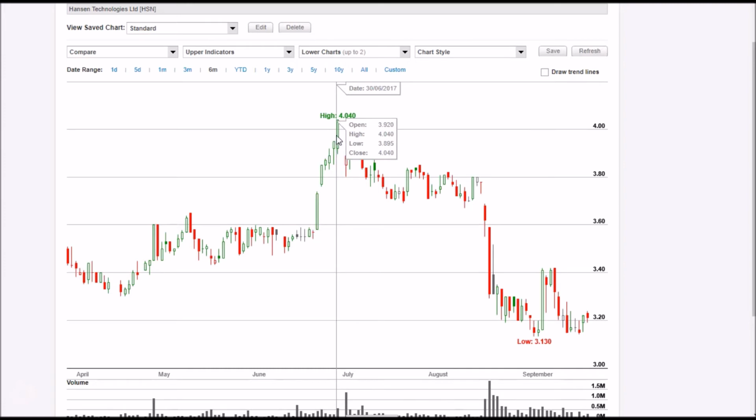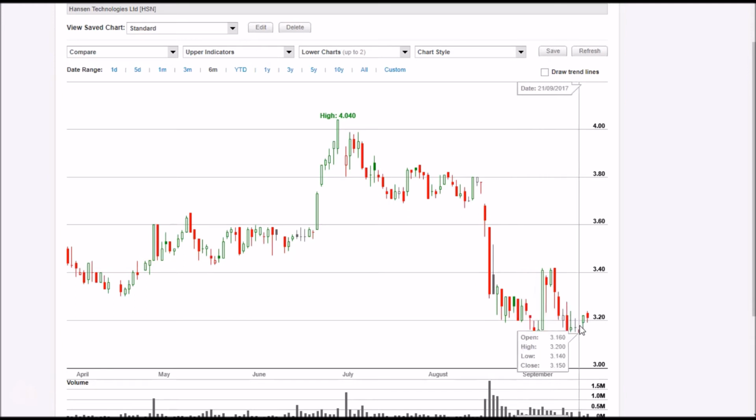I wouldn't be buying it at $4 here. It's gone up probably 10% from there, and this is actually a stock I did trade in this part up here. I think I bought it around $3.60, and I traded up to $3.99 back then. So it's just a way to not buy at the wrong time. Basically, that is the way I look at charting.